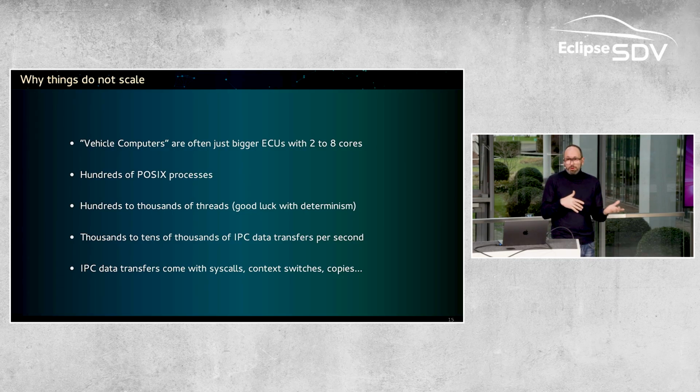So it could mean you have only 1, 2 cores to run hundreds of processes, hundreds to thousands of threads that are all competing on these few cores, thousands to 10,000s of IPC data transfers. And as I just presented, data transfer comes with all these copies and context switches and syscalls and so on.